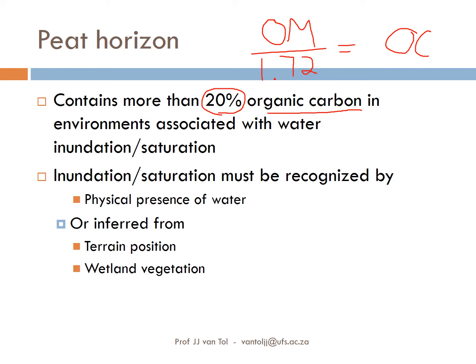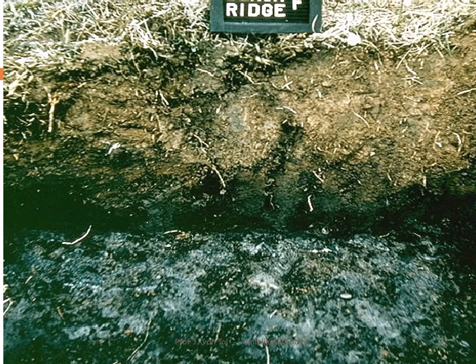Now this is just a typical example of a peat horizon. You'll note the black colors, where black colors are typical, as carbon gives off a black color. So this is a very light horizon in terms of weight, with a lot of organic material. Very often they mine peat.